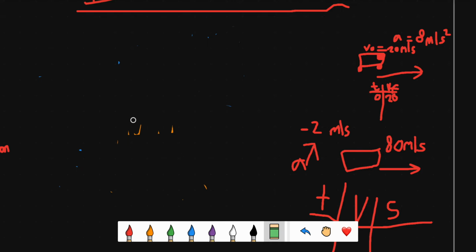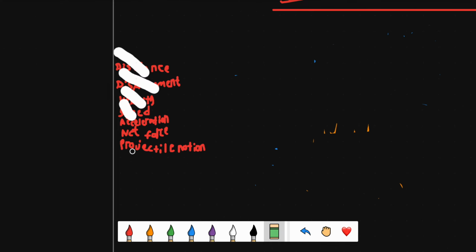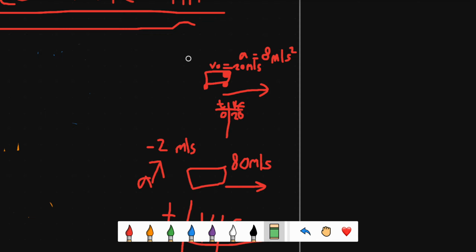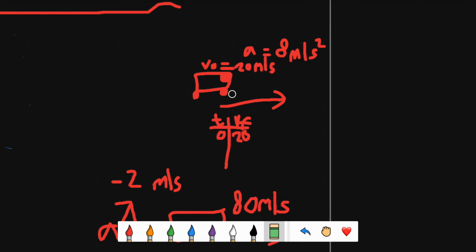So now let's talk about this. What is Vf, the final velocity, when t is 0? Vf becomes 20, because Vo is 20. It's just a resting point, because it's 0 seconds and the initial velocity is actually 20.